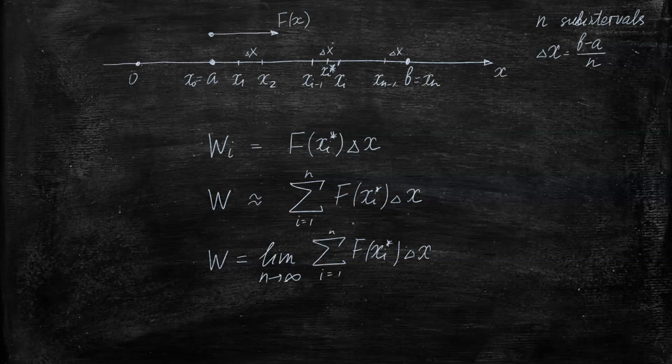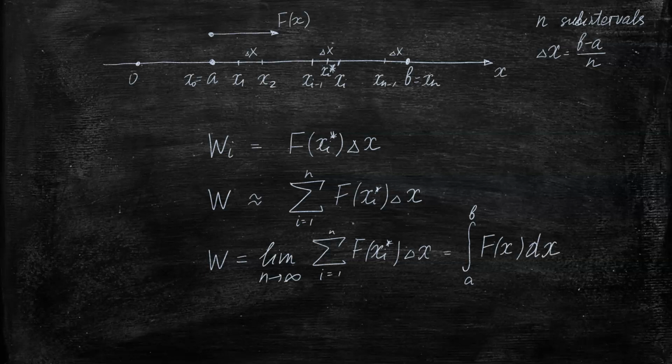And here's the formula. But this formula can be recognized as a Riemann sum, and as a Riemann sum, this formula represents an integral from a to b of f of x dx.